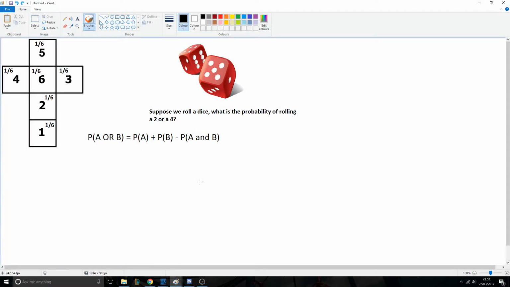Okay, so here we have a problem. Suppose we roll a dice, what is the probability of rolling a 2 or a 4? Okay, so we will just follow this rule right here. So probability of A, which is probability of getting a 2, plus probability B, which is getting a 4.